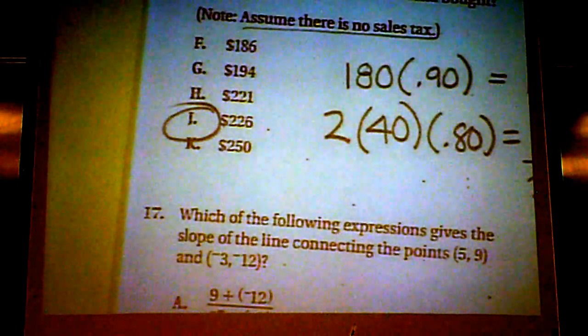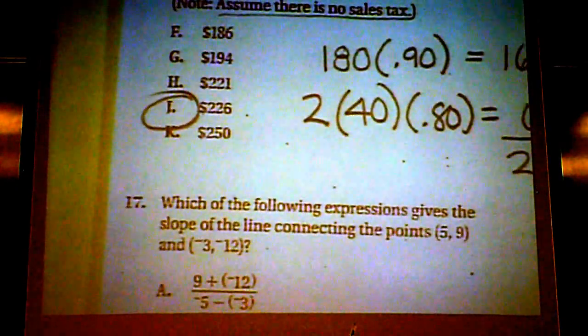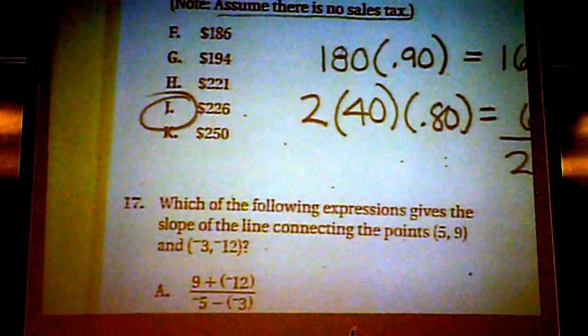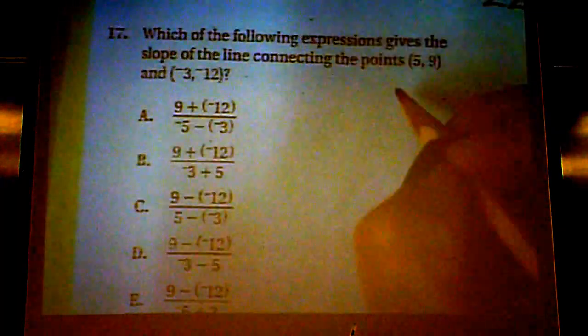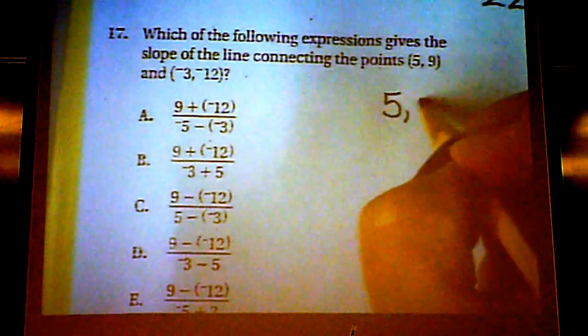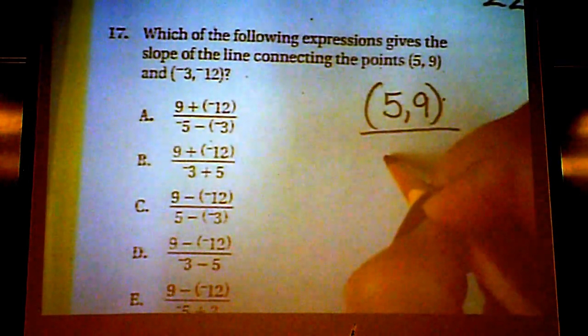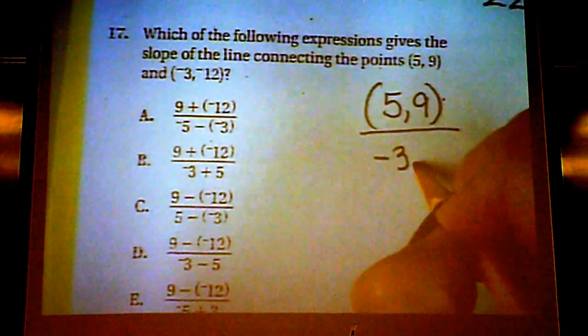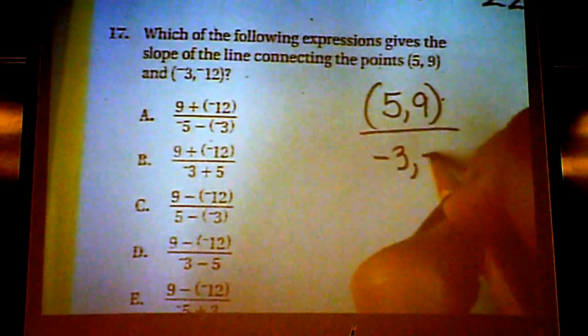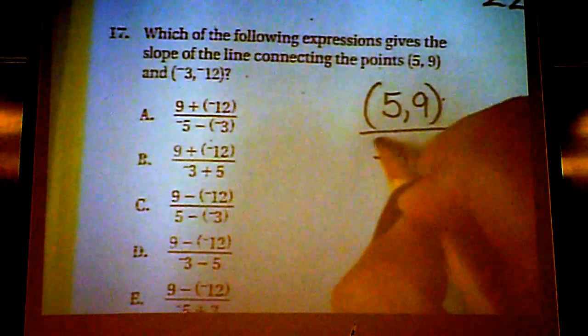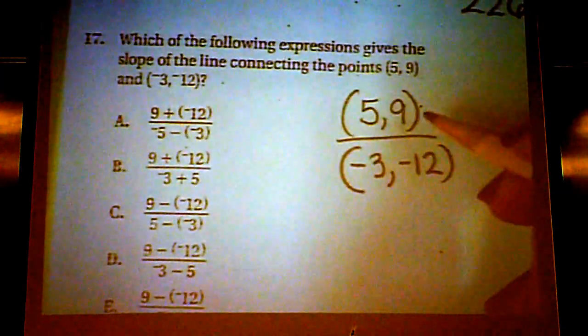And the last question. Which of the following expressions gives the slope of the line containing the points? This is a very easy question for people to get mixed up on because they forget the formula for slope. How do you find the slope?